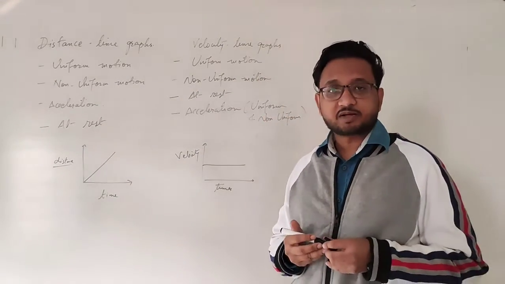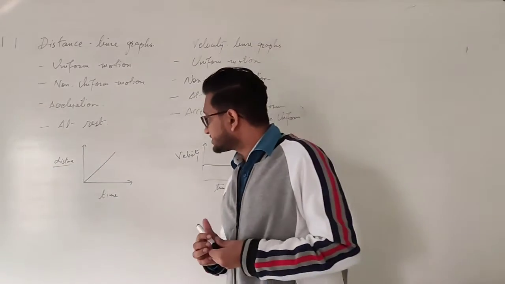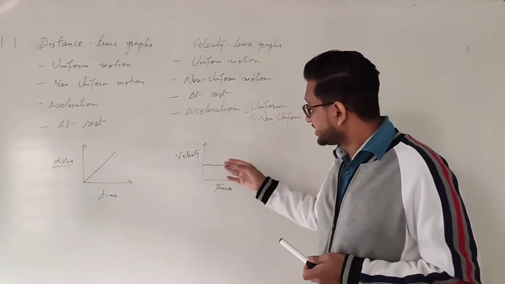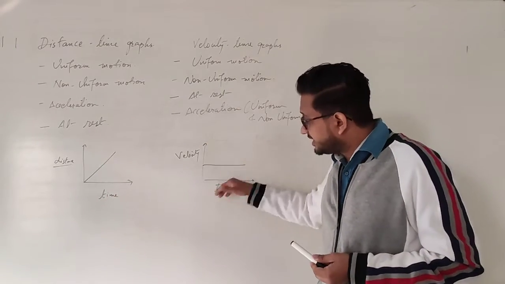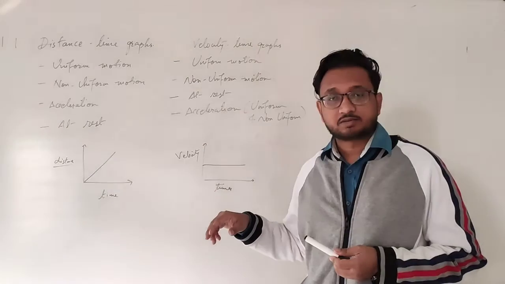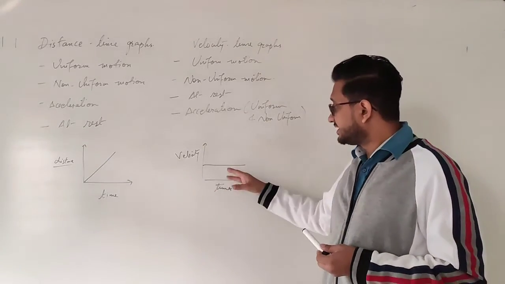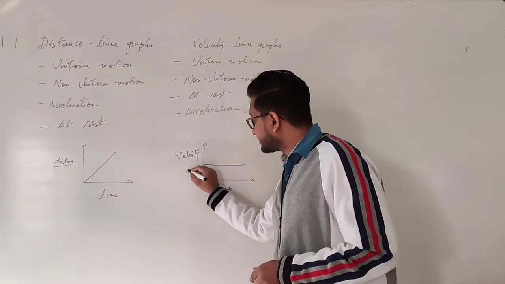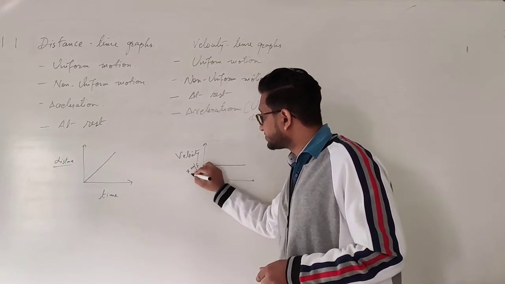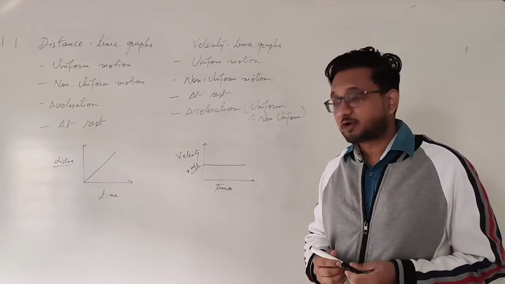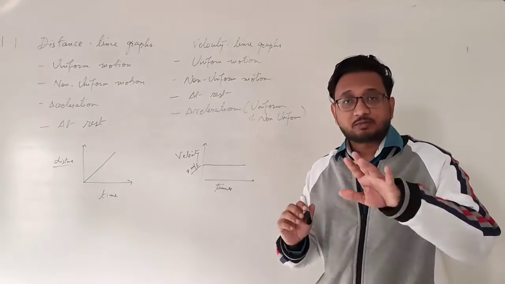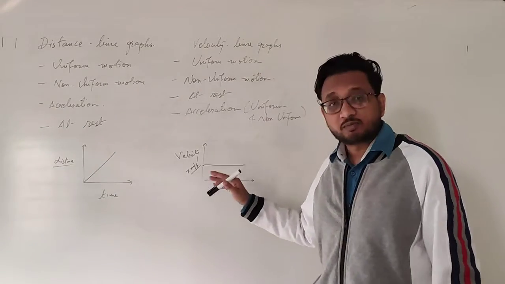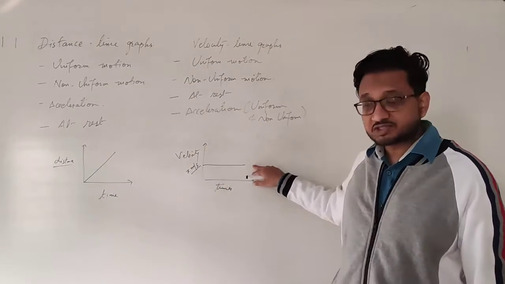Remember, the second part is very important. This is a straight line parallel to the x-axis, which indicates that whatever the velocity, x meters per second, the object will remain in uniform motion because the velocity is not changing.